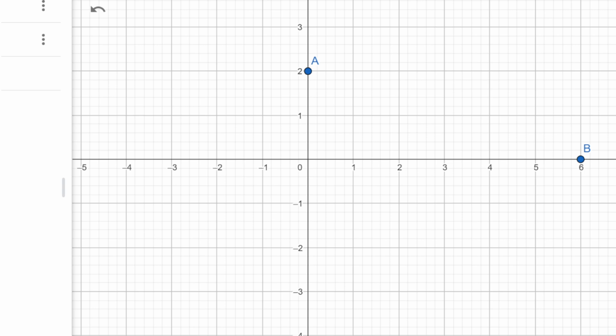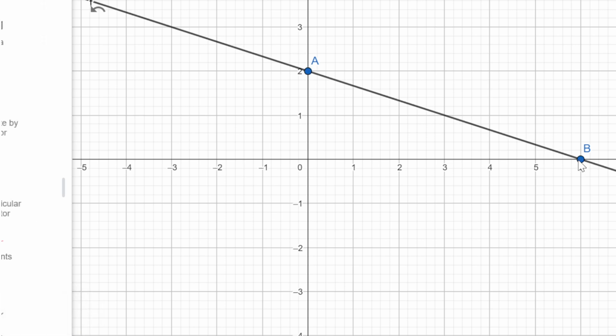Okay, let's use a scale and plot these 2 lines. Okay, I have joined the line of those 2 points. Let's mark the second equation. What are the points? 0, minus 4 and 6, 0.